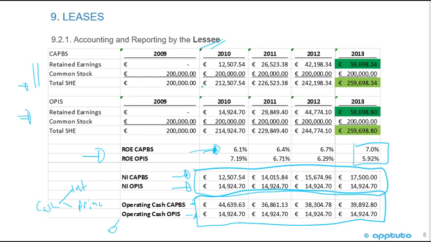So I don't really need to scroll through the entire shareholders equity section, but you can see here, my retained earnings is lower on the finance lease than on the operating lease.